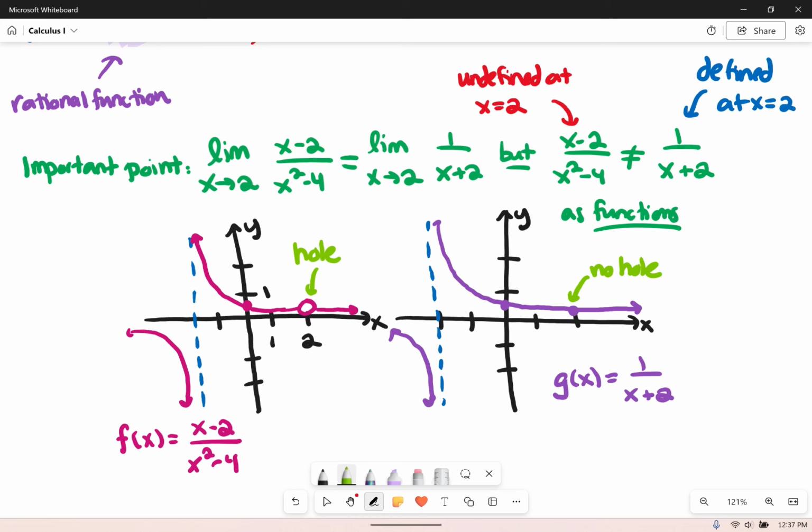And since limits are only about what happens as we approach the value, not what happens at the value, the two functions have the same limit as x approaches 2, even though they don't have the same value at x equals 2.